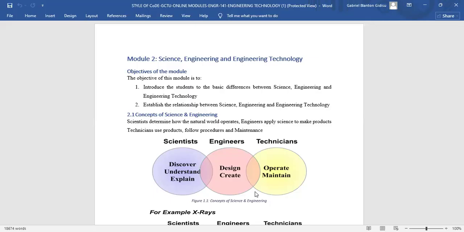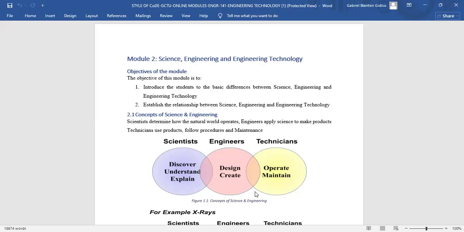Under this module, we are going to consider science, engineering, and engineering technology. The objective of the module is to introduce you to the basic differences between science, engineering, and technology. We're also going to establish the relationship between science, engineering, and technology. So let's start from the concept of science and engineering.